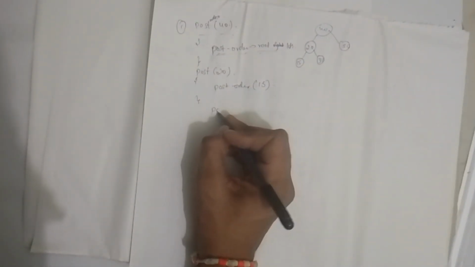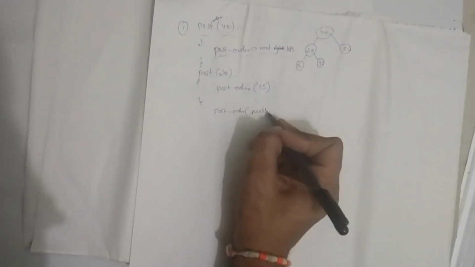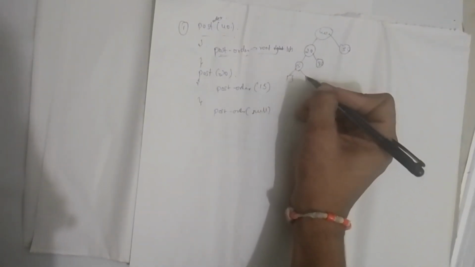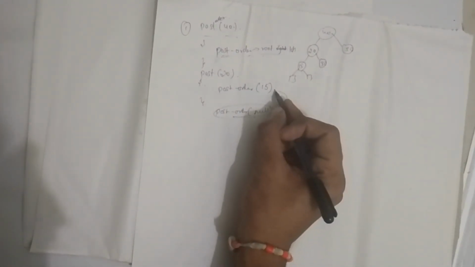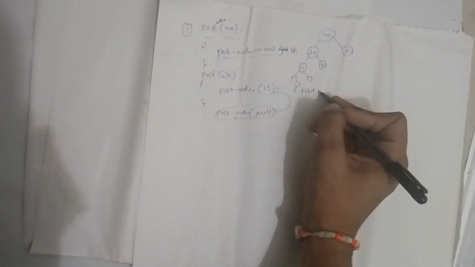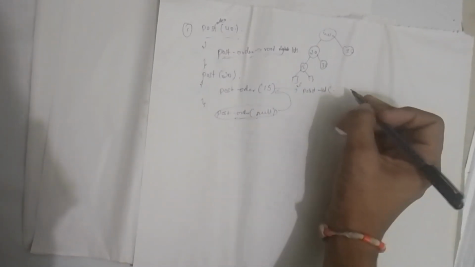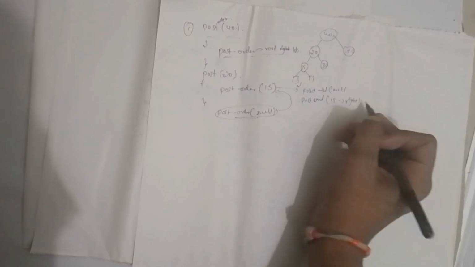Next one will be null because there is no data, so it will call null, so the function halts here, and it will return back to post order. As we completed left, next of this function, post order left is equal to null, next post order 15 right, we call this function.